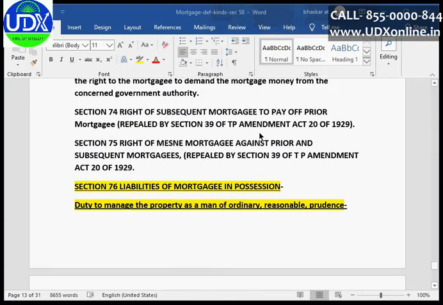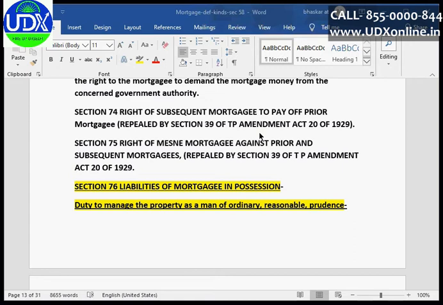And then another important section, Section 76. Liabilities of mortgagee in possession. That means the heading says the responsibilities or the duties of mortgagees who are enjoying the possession of the property.